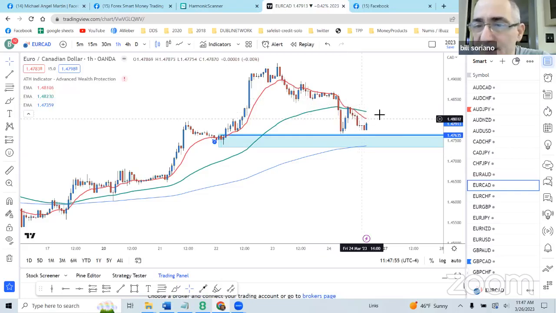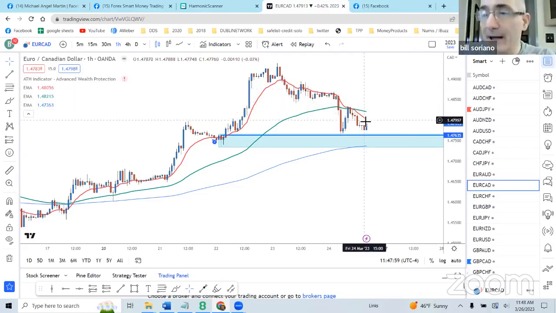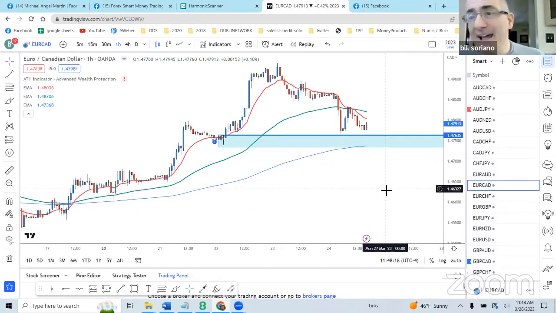But because that 13 has now crossed the 62 on the way down, if the scan would have just come out, we would be able to take this trade either way. Okay, the reason I say either way is because 13 did just cross the 62 on the way down. However, both the 13 and the 62, as well as price, are still above the 200. So this tells us if the scan was telling us to buy, we would mark it up to buy.